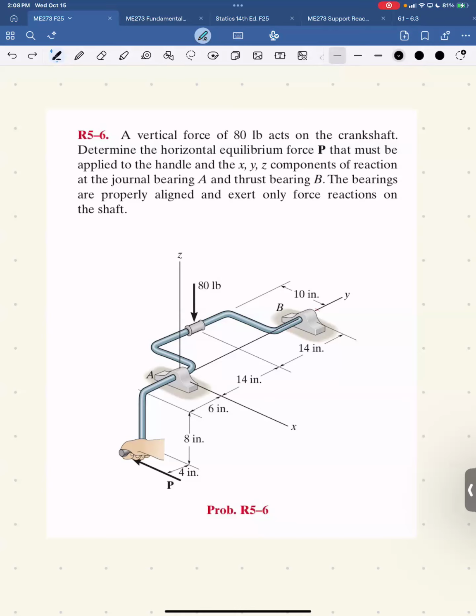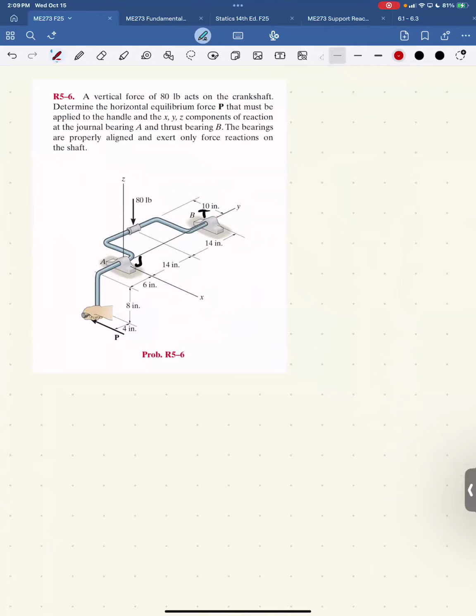All right. So I'm going to put a J by this and a T by that, so I remember that it's a thrust bearing. A thrust bearing at B has three components, By, Bz, and Bx.